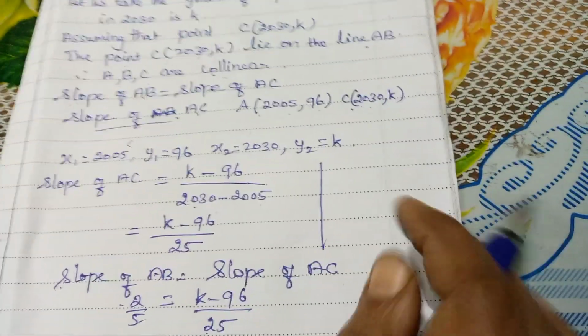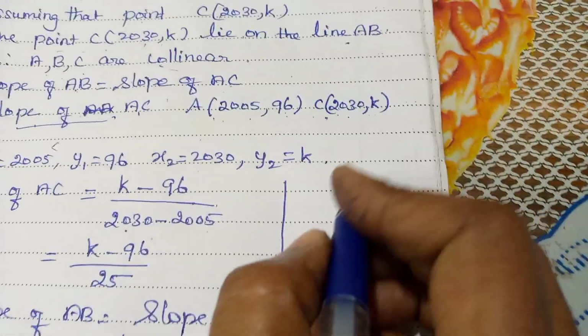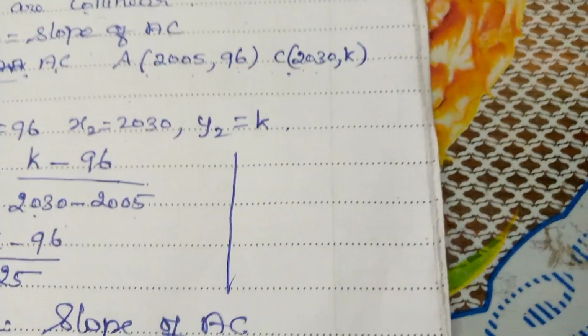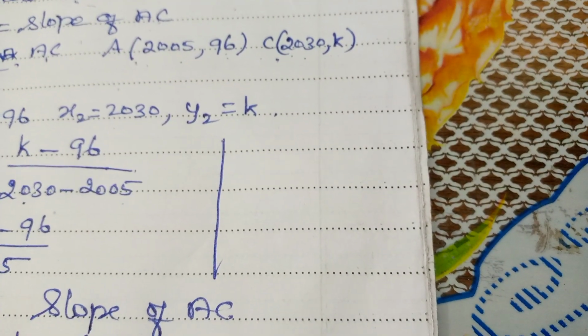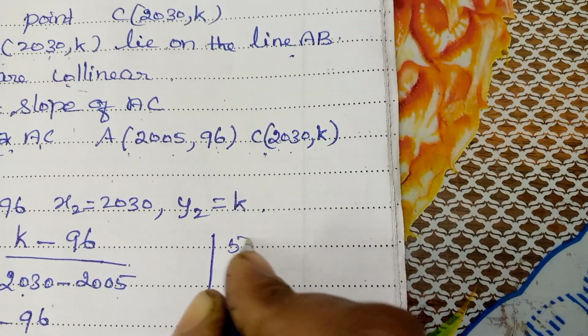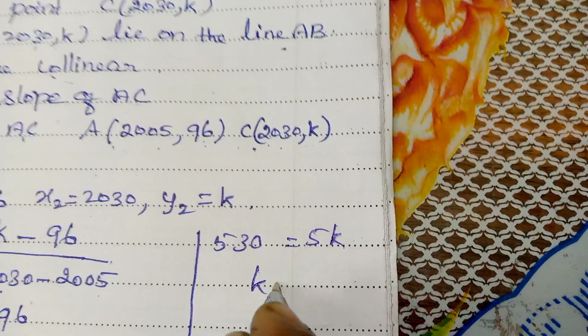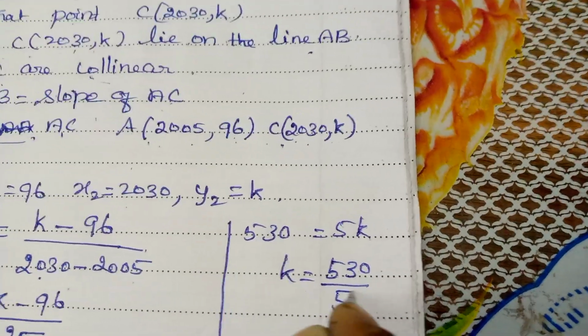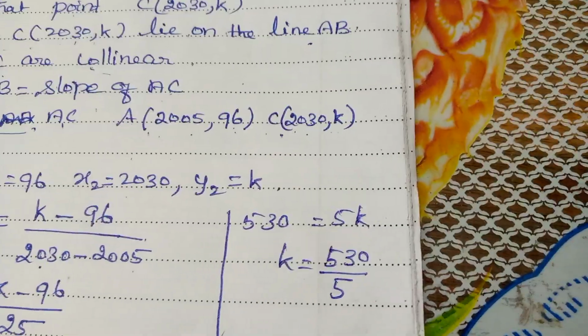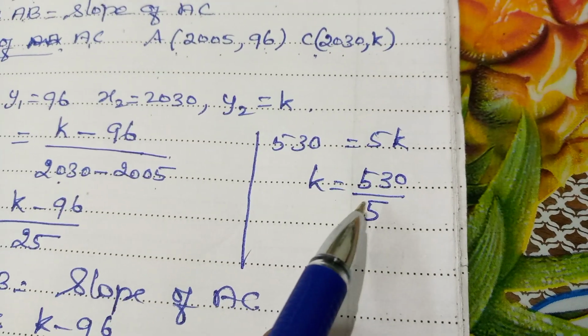Let us add it. 50 plus 480 we have 530. 530 is equal to 5K. From here K is equal to 530 by 5. Let us divide it. 1 5 is 5.